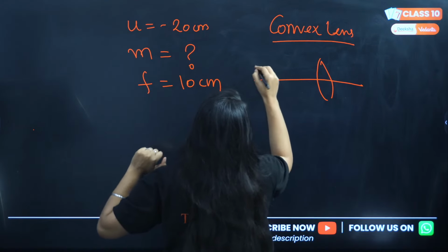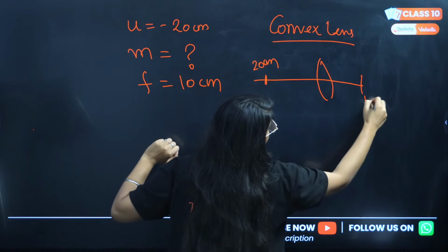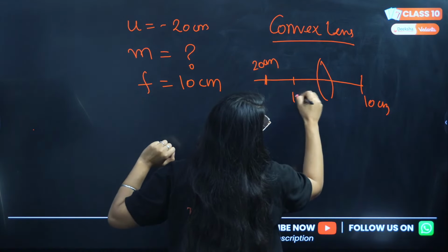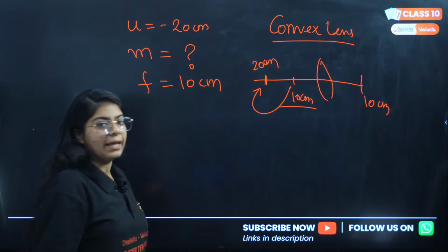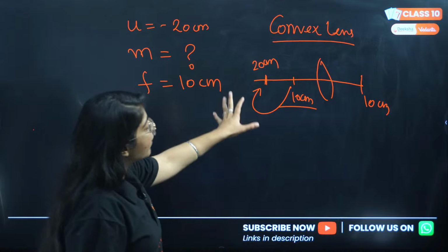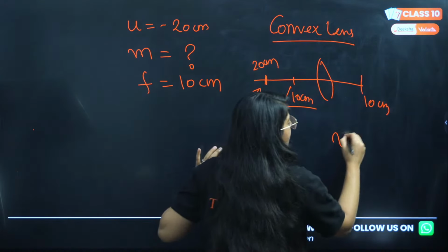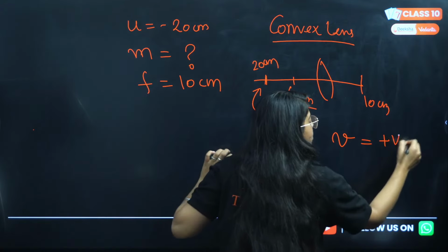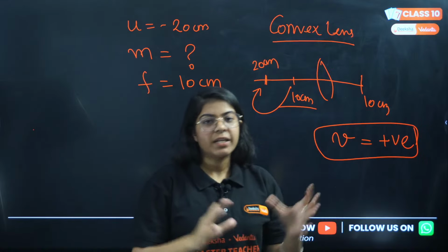The object is somewhere here, 20 centimeter, and the focal length is 10 centimeter. So if the object is beyond focal length, then my image will be on this side of the lens. So the sign of image distance will be positive. This will form a real inverted image.